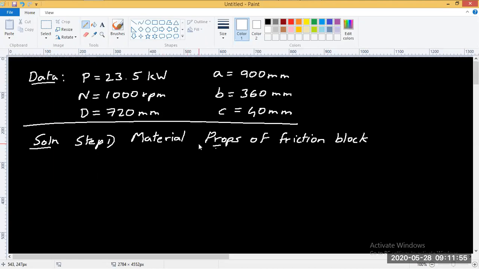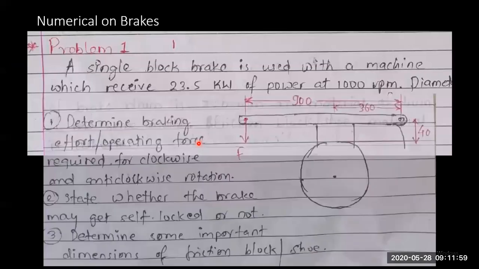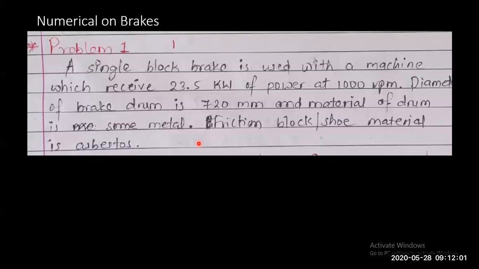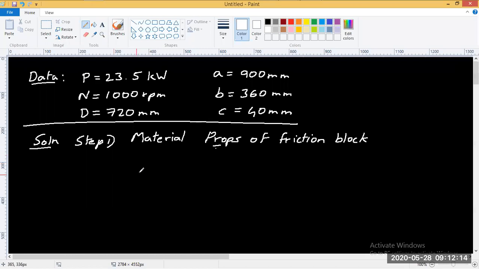Go back to the question. Let's look at the question once quickly. So this is asbestos. The material of the drum is some metal. It is not the same. The friction brake shoe is given as asbestos. Both can't be asbestos, right? So one of them has to be asbestos.